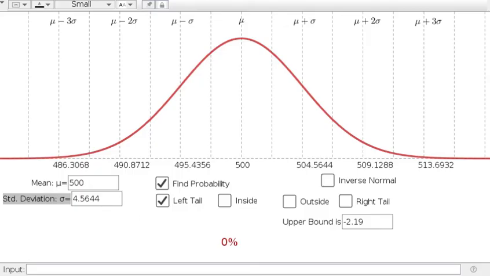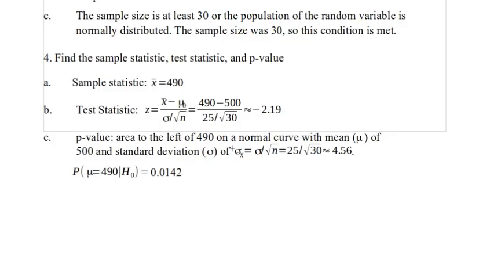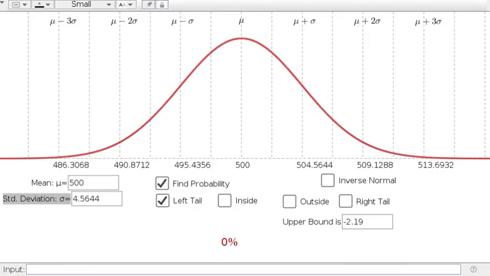That gives us a standard deviation of the sample means of 4.5644. Let's check that that's what we saw earlier. And indeed, that looks like exactly what we got as the standard deviation of the sample means when we took the population standard deviation and divided it by the square root of n. So going back to our application, we've got the standard deviation of the sample means. We've got the mean. We're interested in finding a probability, and our lower bound is 490.